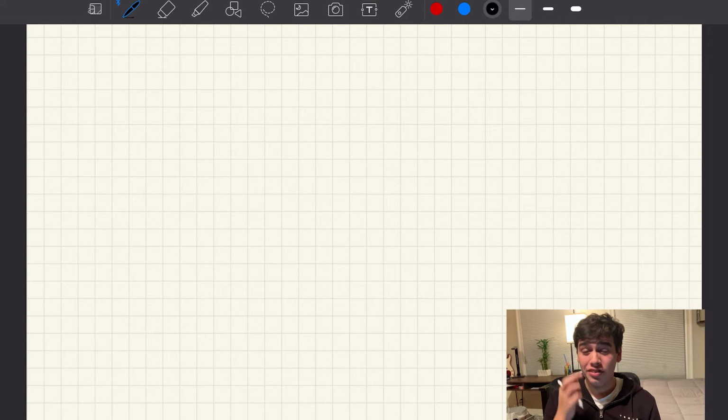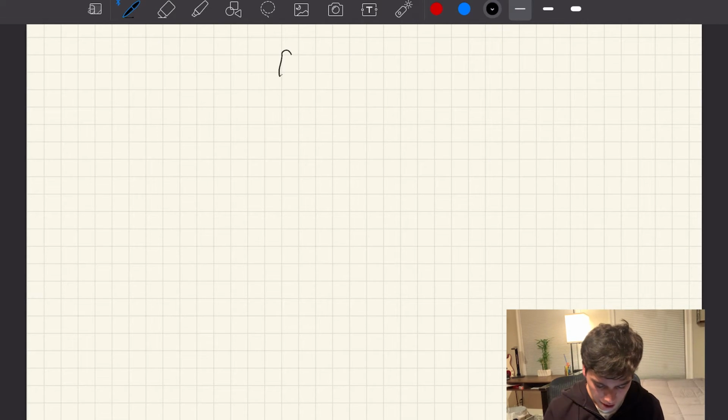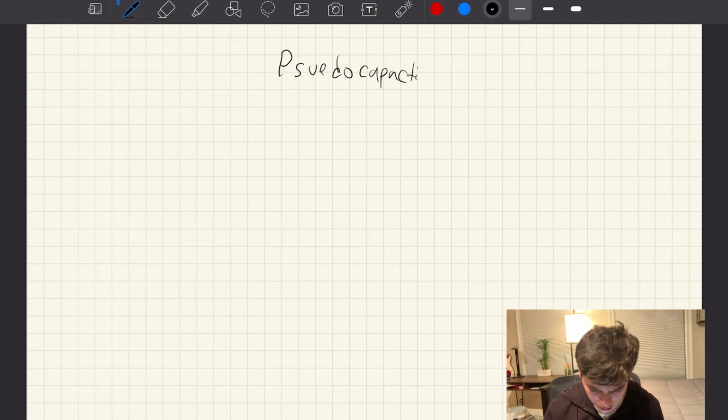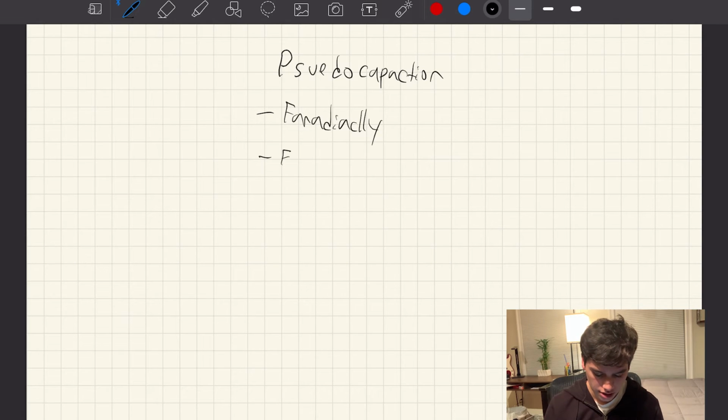But what if you had a fake capacitor, or a pseudocapacitor? Well, then it wouldn't really charge electrostatically. So that's why pseudocapacitors charge Faradaically. And that means that there are chemical reactions going on between electrodes, so you could also say they charge electrochemically.